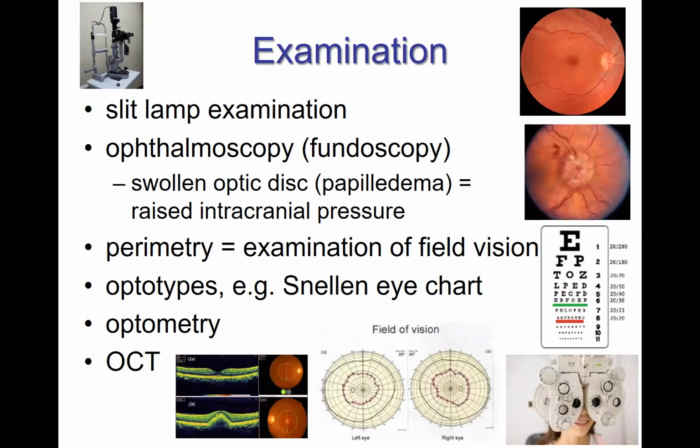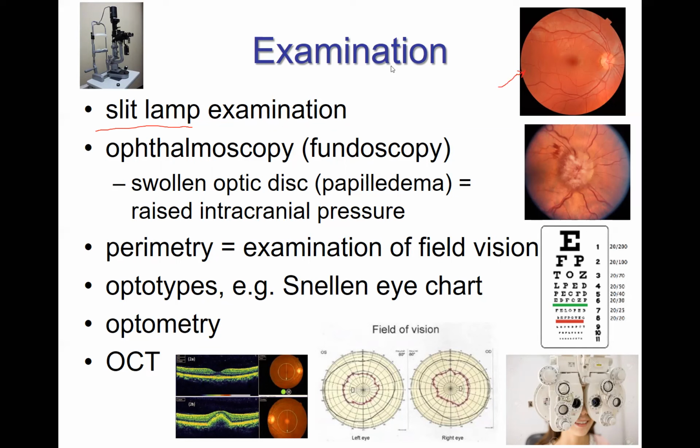And just to conclude, how you can examine the eye. To nicely examine the eye, you can use a slit lamp. You can see the slit lamp here. You will use this in ophthalmology. But you can examine it with the ophthalmoscope. The ophthalmoscope then shows you this.